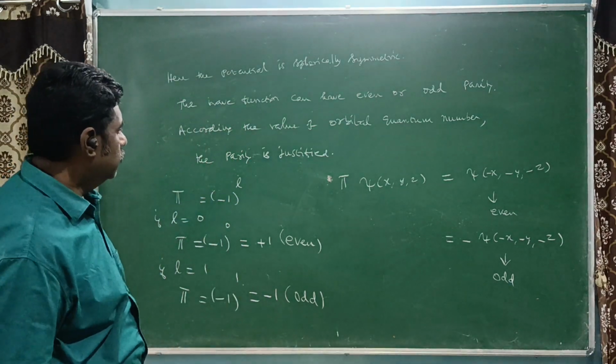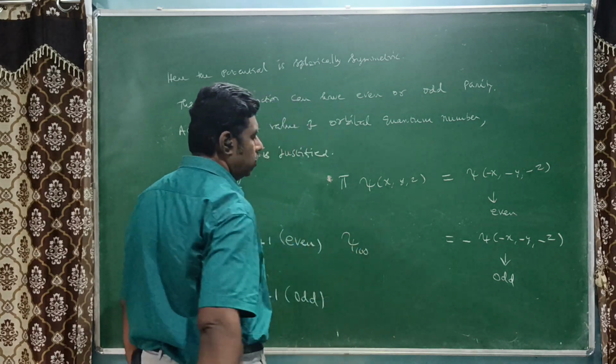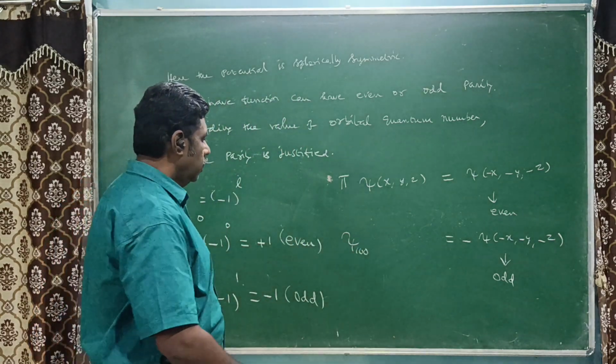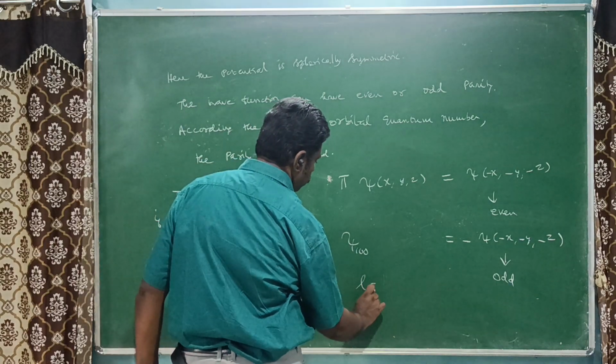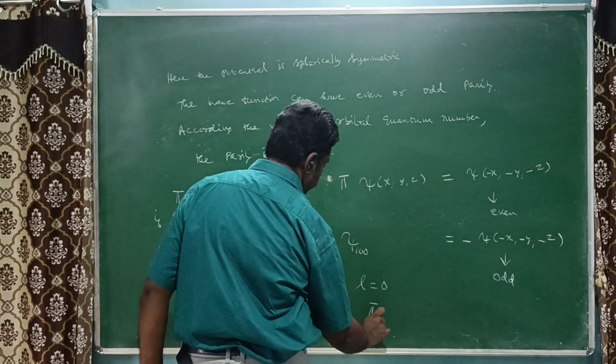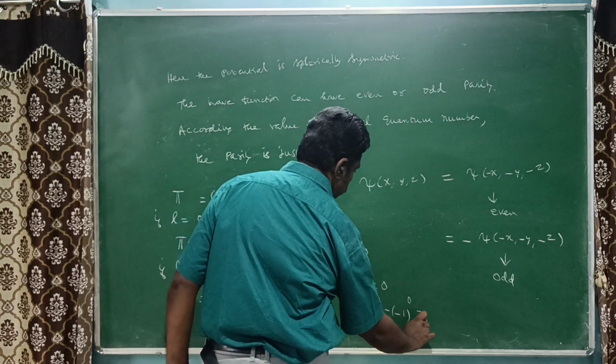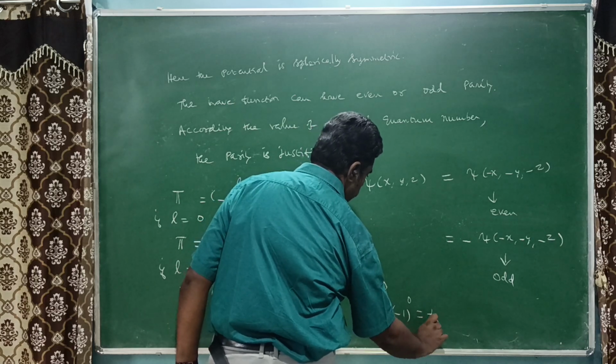In our case, we are using the wave function psi 1, 0, 0. This is called the ground state wave function. In the ground state, the value of L is equal to 0. Therefore, the parity is equal to minus 1 power 0, which is equal to plus 1.